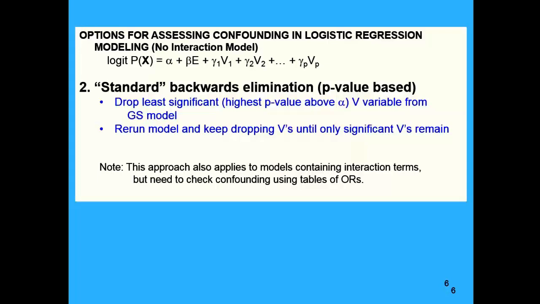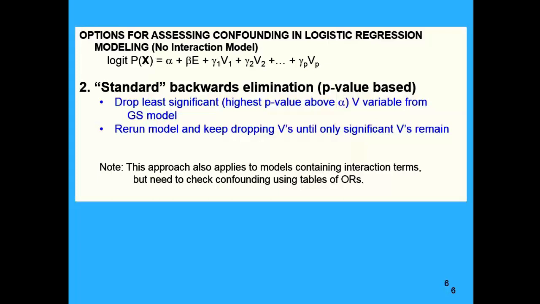Now, if that highest p-value is less than 0.05, what does that mean? The least significant one is significant, right? If the highest p-value of all 10 is still significant, what's that going to tell you about dropping variables? You don't drop any, because even the least significant one is significant, so you're stuck with this model with those 10 variables.